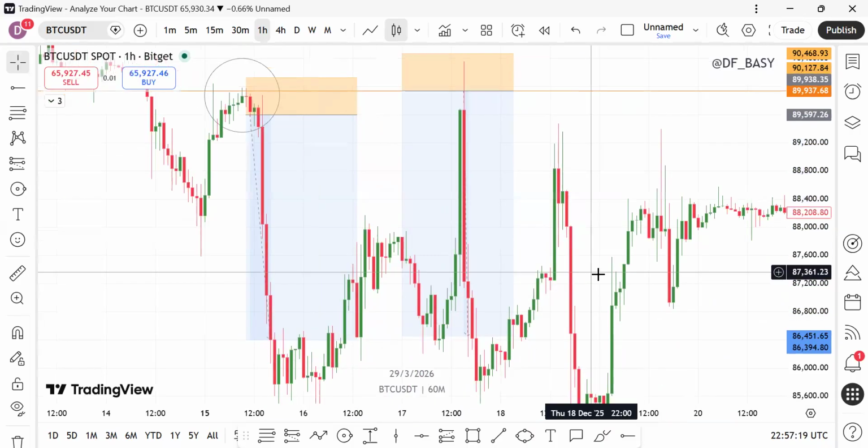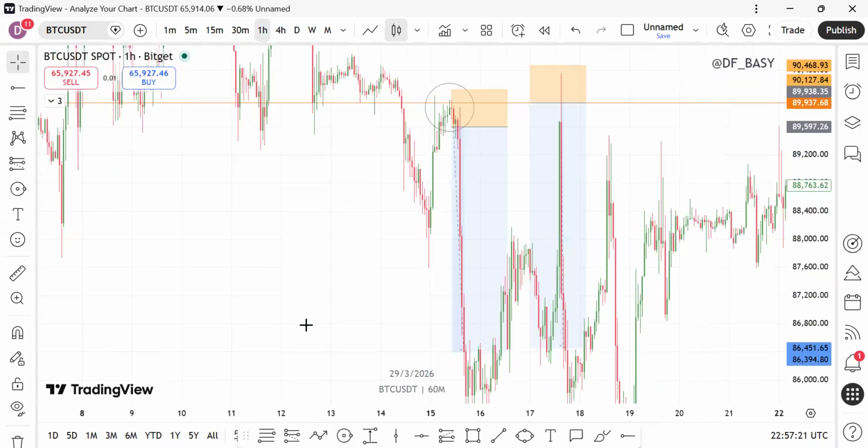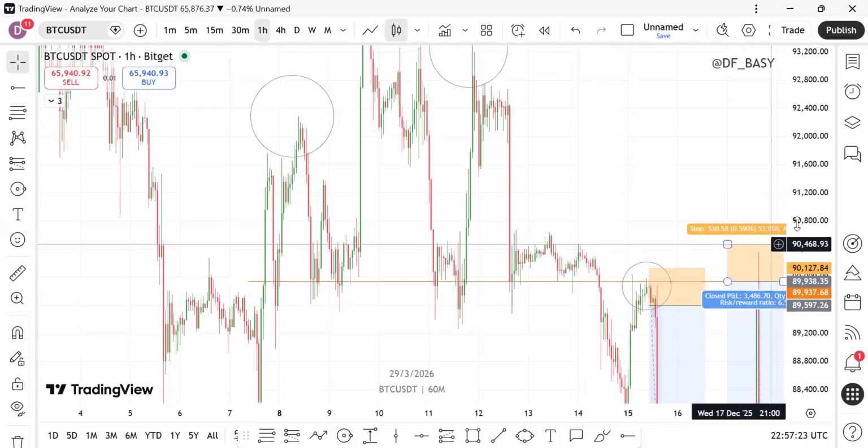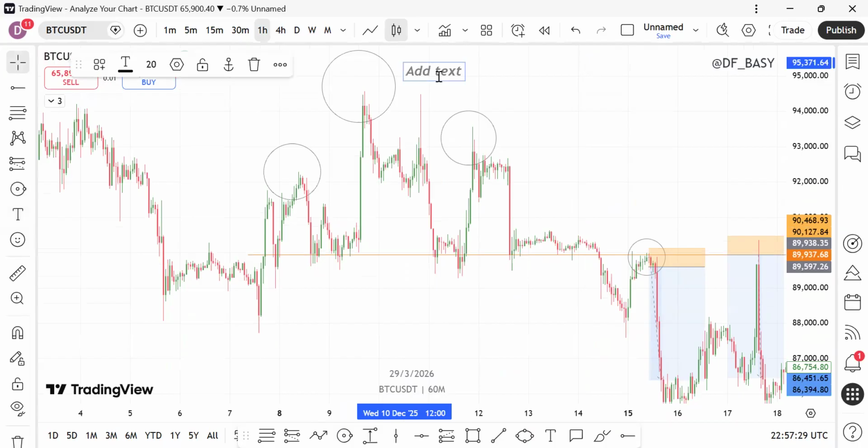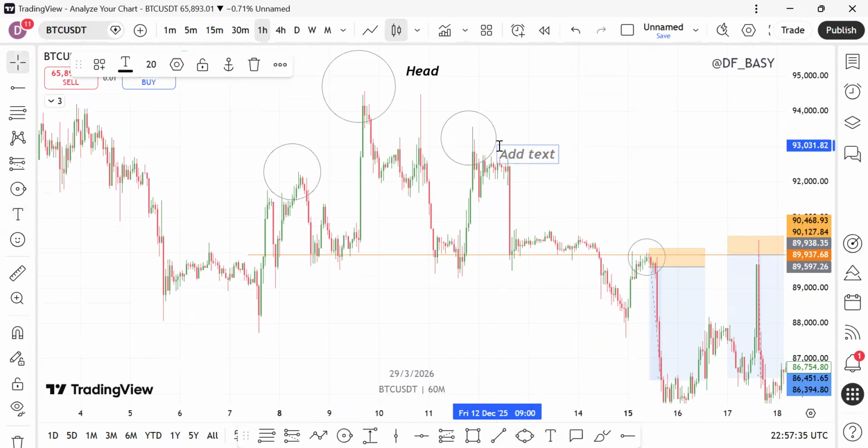As simple as this. So this is a head and shoulder pattern. This is the normal head and shoulder pattern. You have the head, you have the right shoulder, then you have the what?